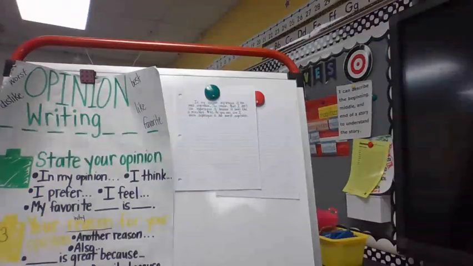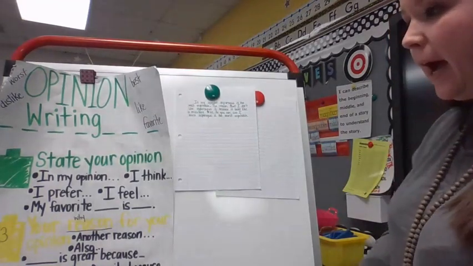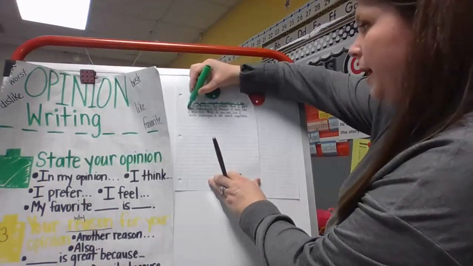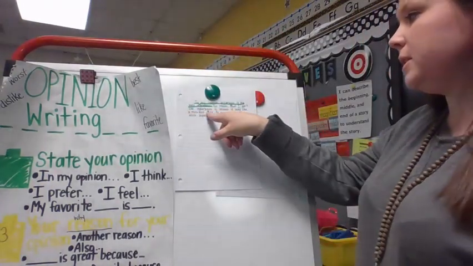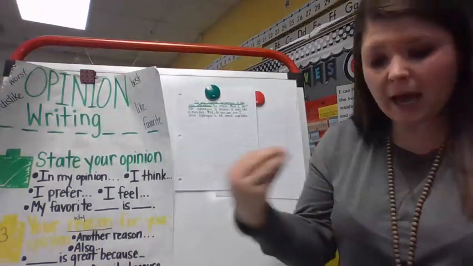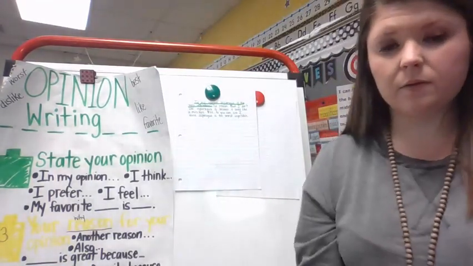Now we're going to look at the middle. We're going to see which reasons I have for writing that opinion. The reason that I don't like asparagus is because it looks like a miniature tree. Is that a reason telling you why I don't like asparagus?